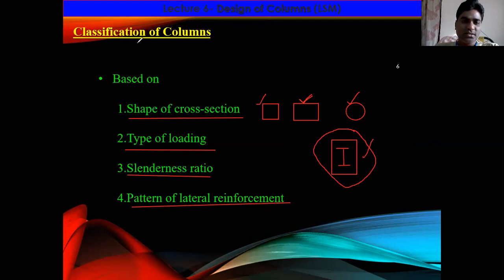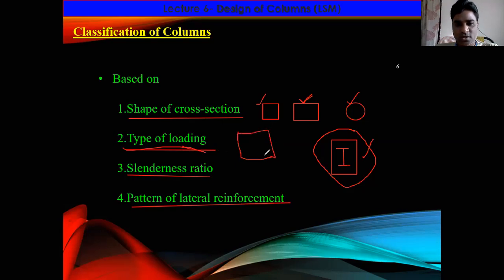Next one is type of loading. Based upon the type of loading, columns are classified into two types: concentric loading and eccentric loading. Concentric loading means, let us say, an axially loaded column.